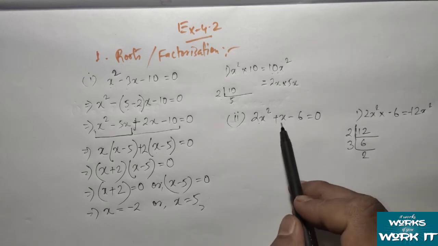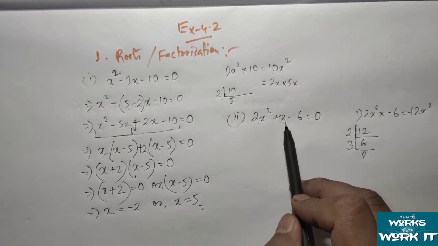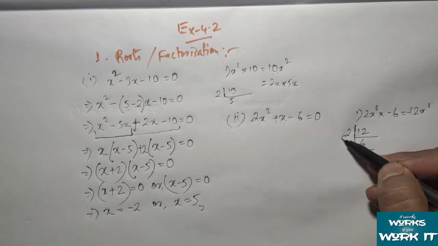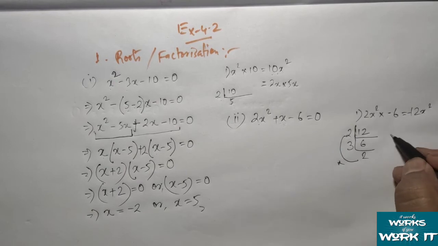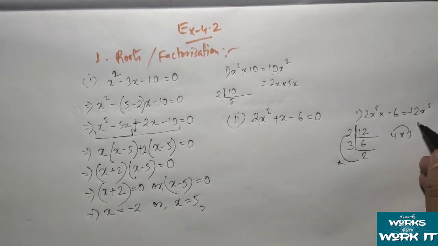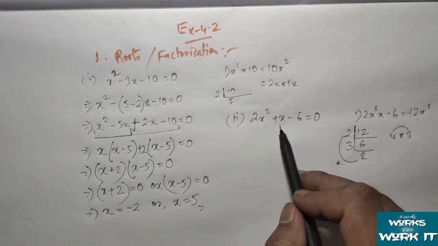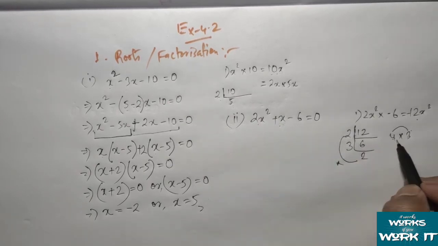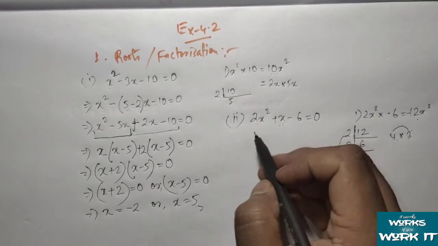Our middle term is 1x here. So what we will do, we can take 2 into 2, that is 4, and then 3. So 4 and 3 multiplied give us 12, and if I subtract 4 and 3, it will give us 1. So these are the two numbers for the middle term.